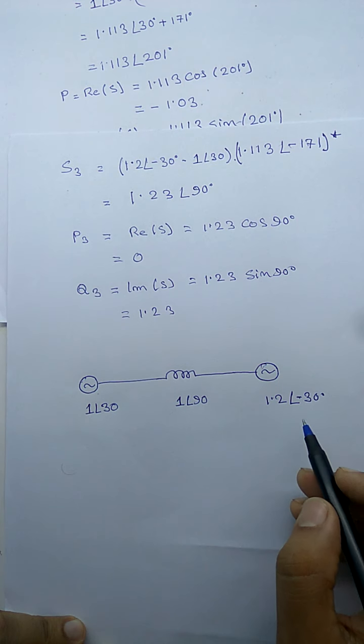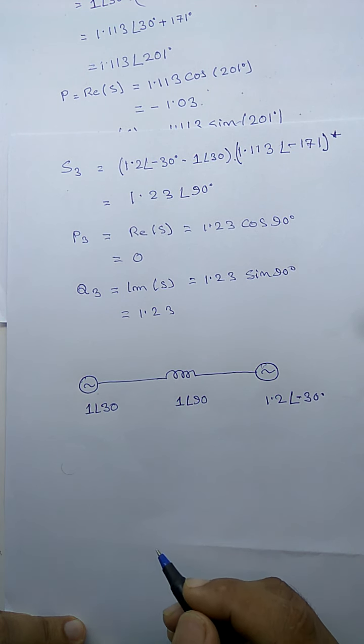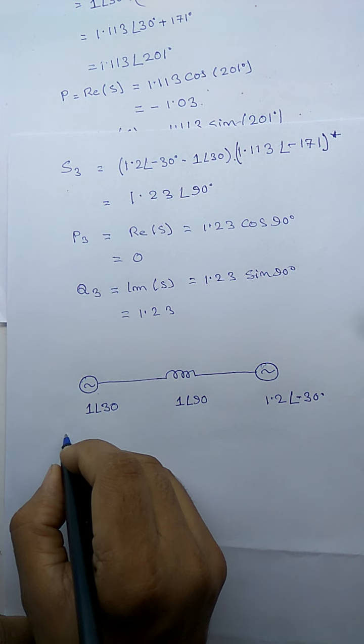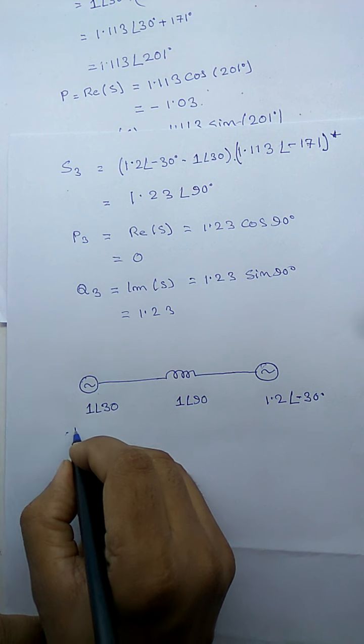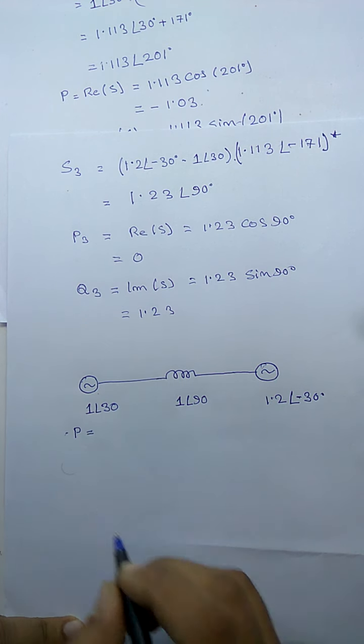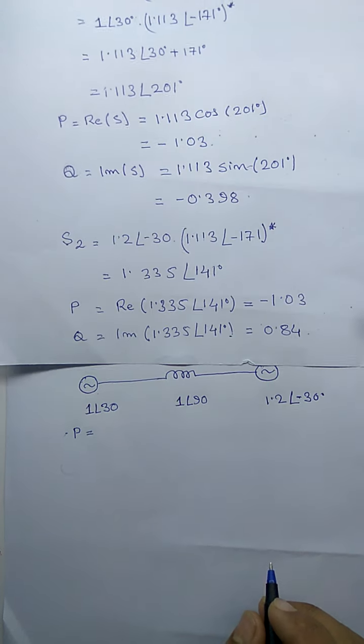This is a voltage, this is a voltage, this is an impedance. We have calculated the apparent power here, or I'll write like this: P here is equal to, what is the value of P that we have calculated for the first source?